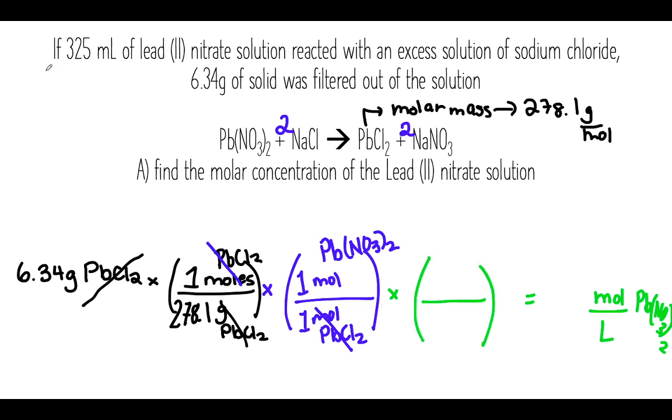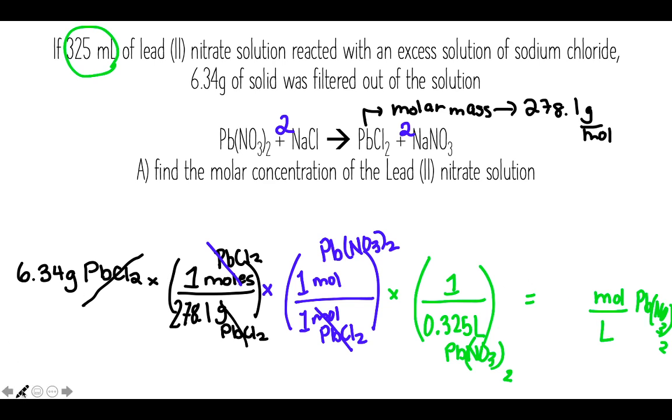And I was told in the question that I had 0.325 liters of lead nitrate. So 0.325 liters of Pb(NO3)2, and then just 1 at the top. So why did I put the liters at the bottom? Because I want to end up with moles per liter.